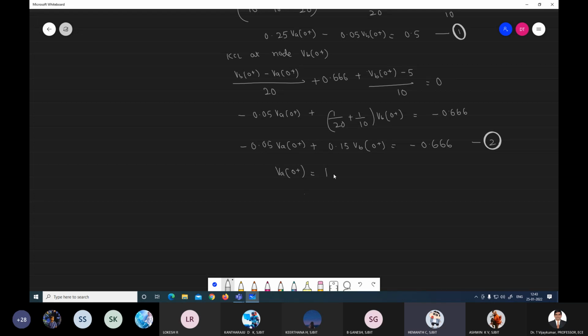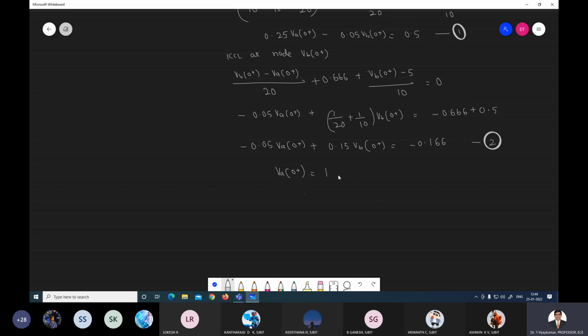We forgot to consider it, so on the right-hand side of equation 2 we have to add 0.5. The value then becomes minus 0.166.